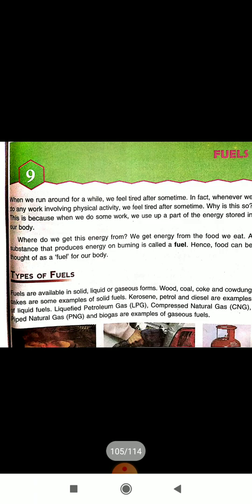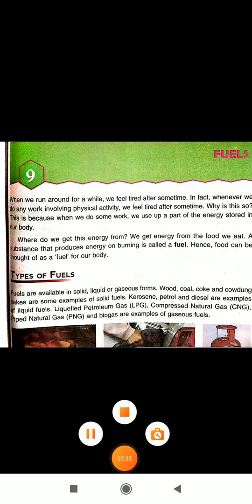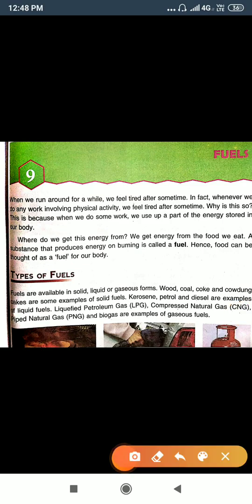Food is a substance that produces energy on burning. It is written here, a substance that produces energy on burning is called a fuel. And food is the fuel for our body.